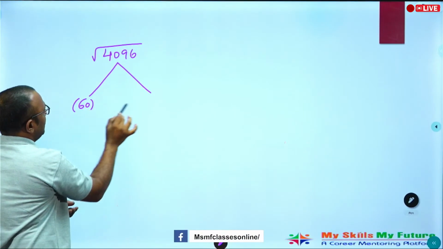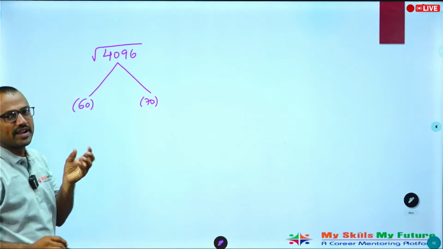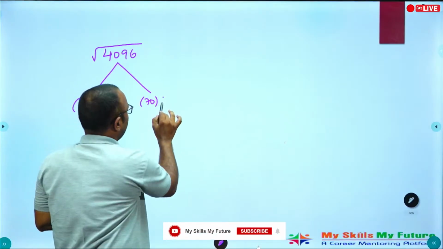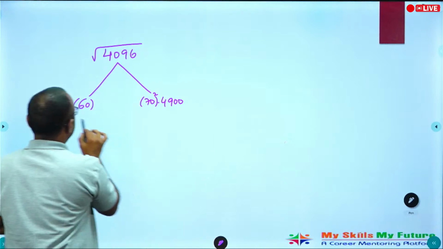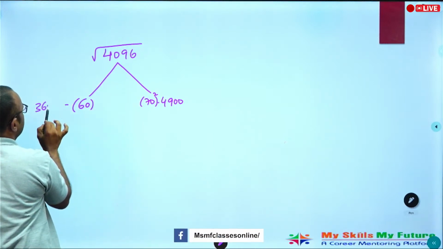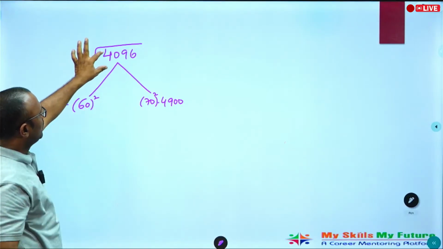Here the number lies between 60 and 70. 70 square is 4900 and 60 square is 3600. So this number lies between these two squares.